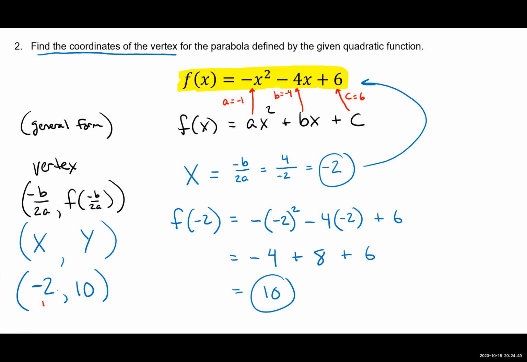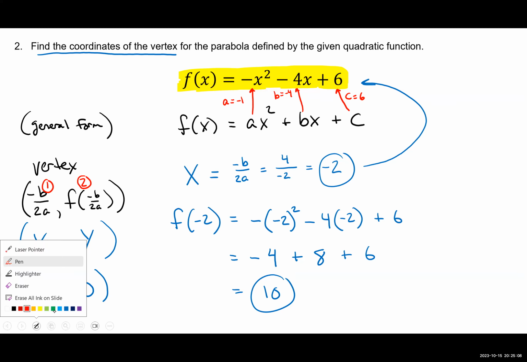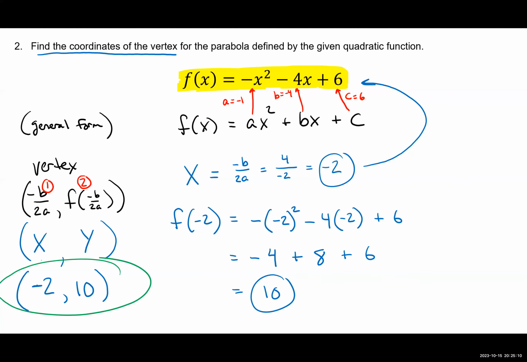We do this one first, get that answer, and then plug it into your function. Do that second. So the vertex of this parabola is the point negative 2 comma 10. So to graph this parabola, you would start at this point. Let me circle it in green because that's the answer to this problem. You would start at this point and you would graph a parabola from there.